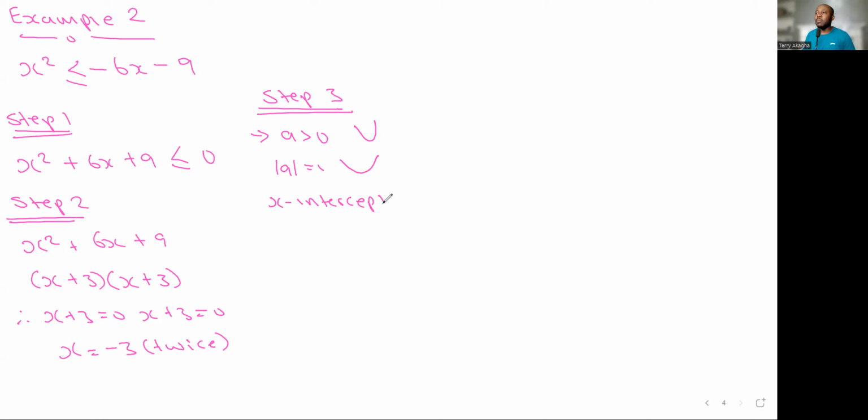The next thing is that we need to find the x-intercept. The x-intercept is similar to the root, so the x-intercept is minus 3 and 0. Then the y-intercept. What happens at the y-intercept? x is equal to 0.